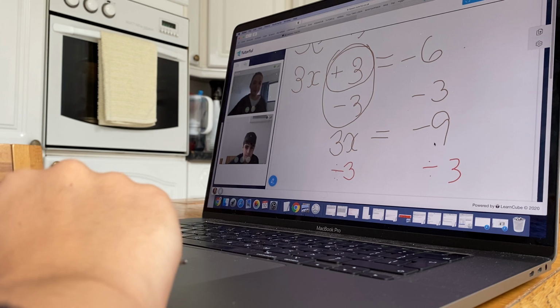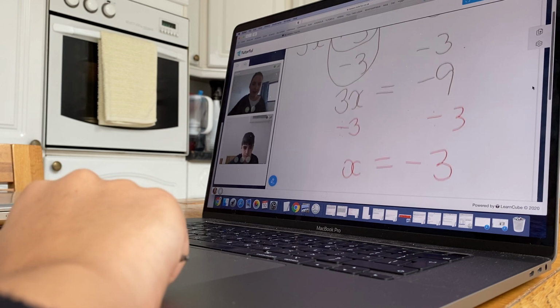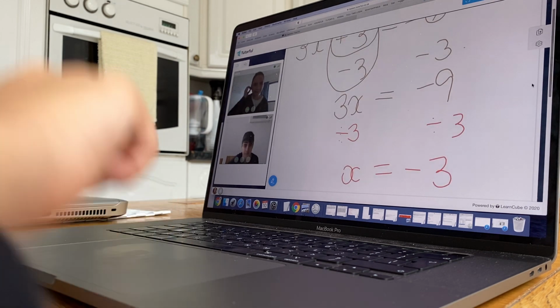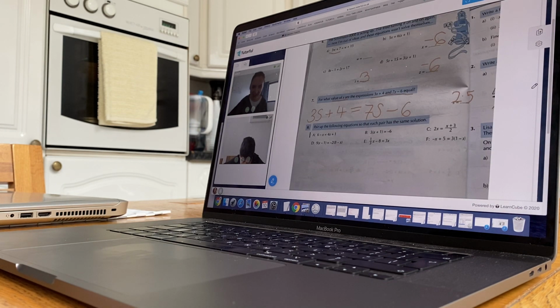When we divide 3x by 3, we haven't touched the x. So we have x equal to minus 3. That's our answer there, so we're going to add in b and minus 3. Next one is c.